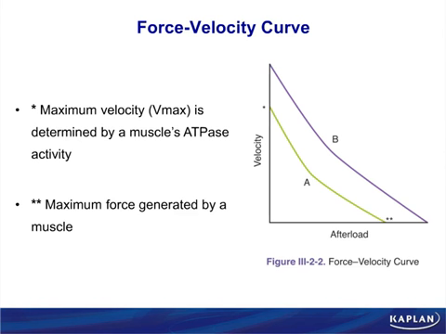Now, what determines V max? That will be the properties of the myosin ATPase. The faster the ATPase, the faster the velocity of shortening. If we go back to our cross-bridge cycling, to our details that we discussed in the first chapter of skeletal muscle, actin and myosin bind.